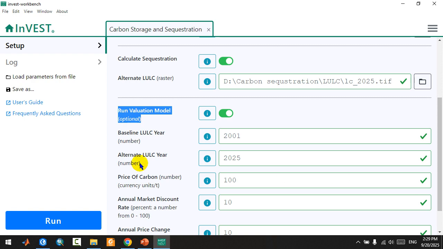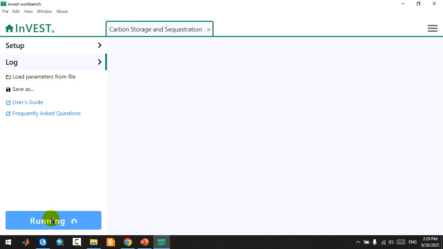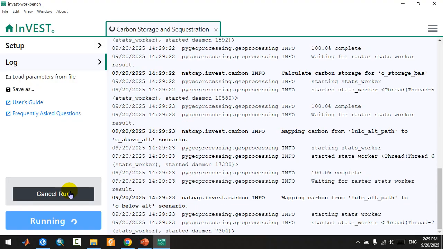Run valuation for the baseline price of carbon and then the discount rate of carbon. Okay, everything is ready, and I click run. I will wait for the carbon storage and sequestration to run. The output is a raster file that I will import to ArcGIS.